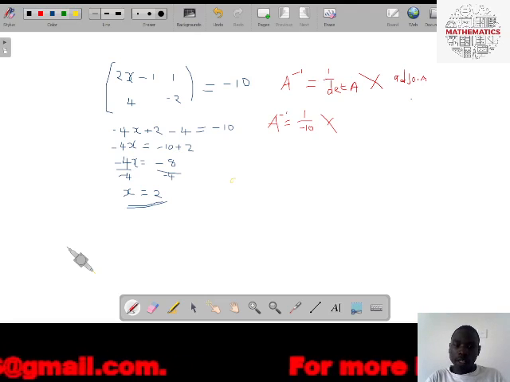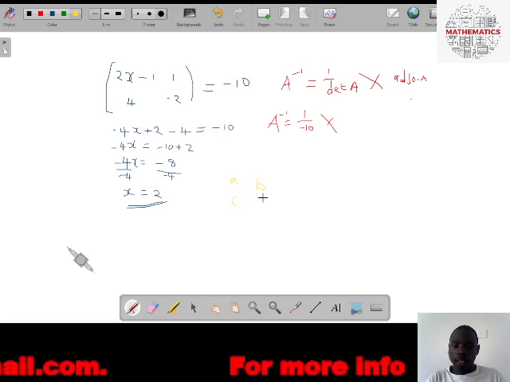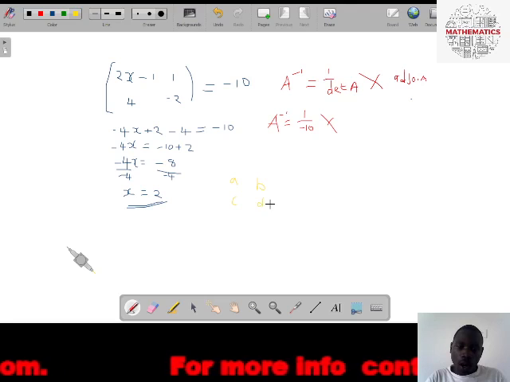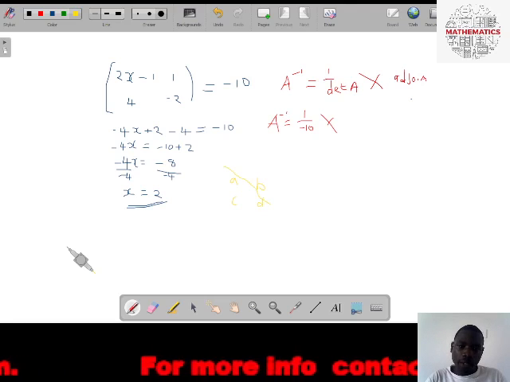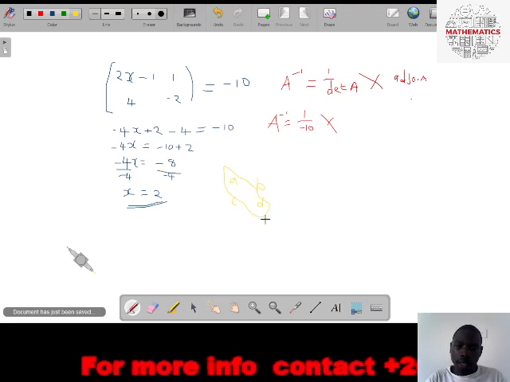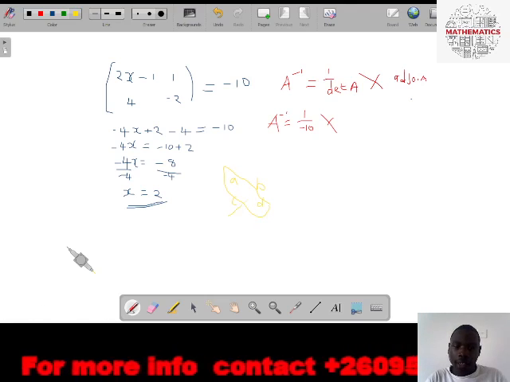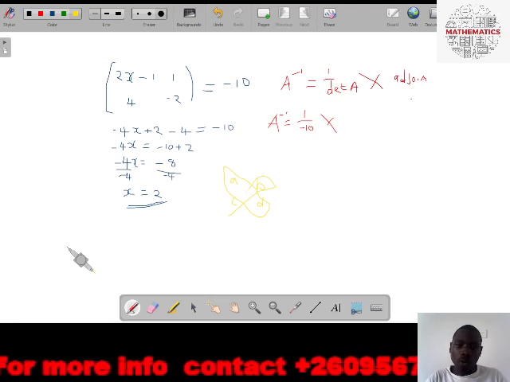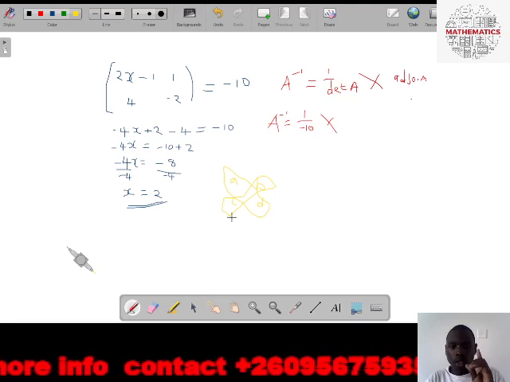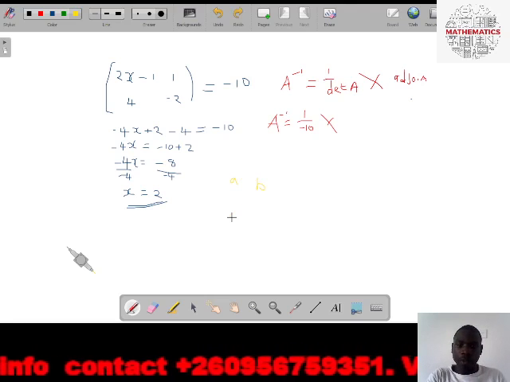For instance, we have A, B, C and D. To find the adjoint of this one, I'll swap the elements in the major diagonal. The D becomes where there is A, and A becomes where there is D. And then the sign on the minor diagonal will change. If it was positive, it will be negative. If it was negative, it will be positive.